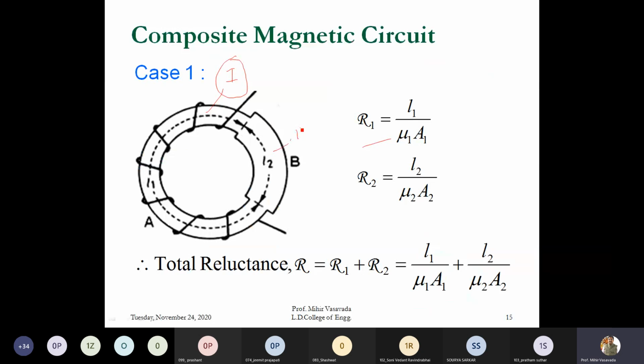This is your magnetic material 2. Both have different dimensions, different lengths, different area, even different material. This is material A, this is material B. So accordingly, reluctance 1 is different, reluctance 2 is different. So when you are using a composite magnetic circuit, you need to find the total reluctance by adding them.